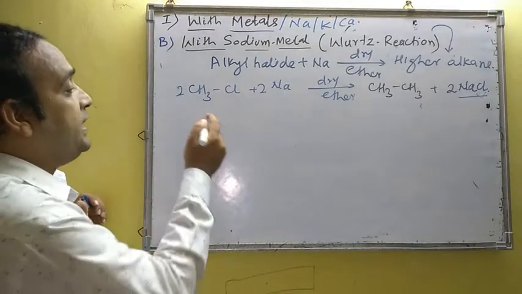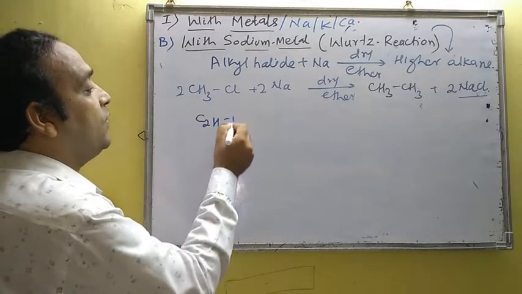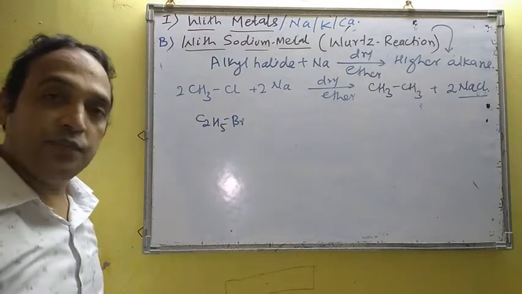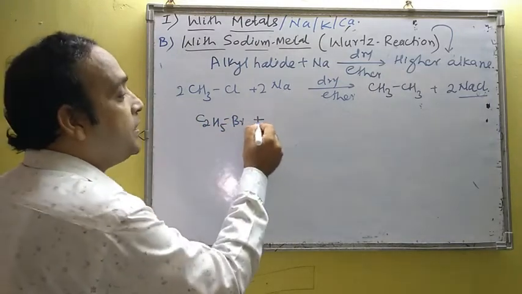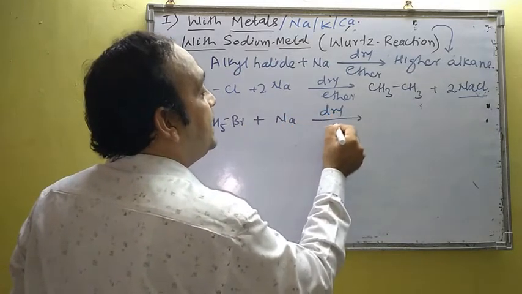Now suppose instead of methyl chloride, ethyl chloride or ethyl bromide is given to you, that is C2H5Br, plus sodium metal in the presence of dry ether.